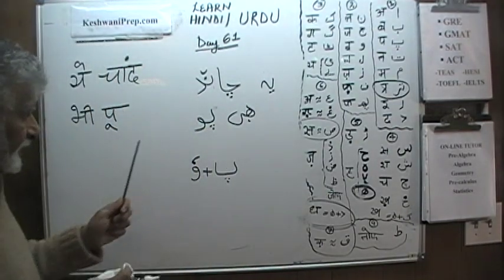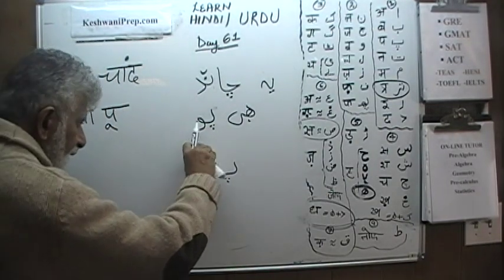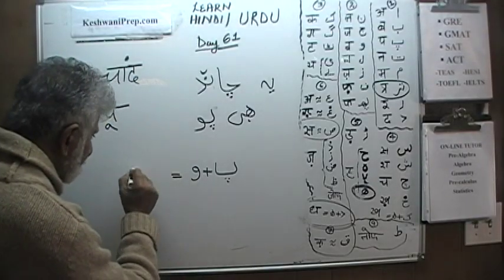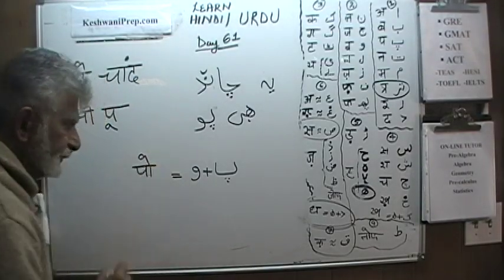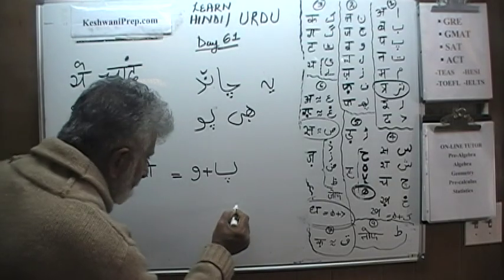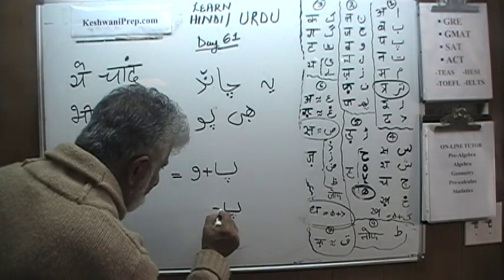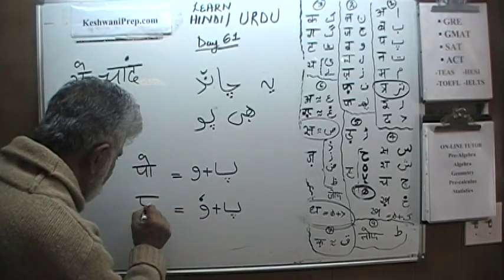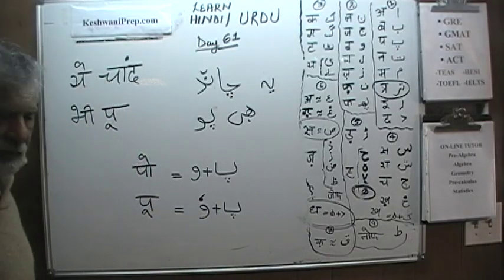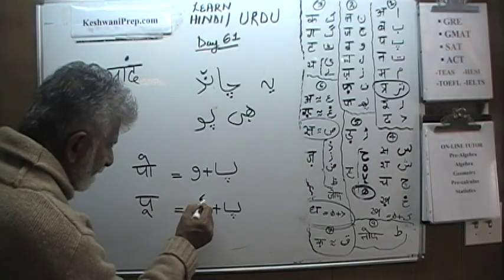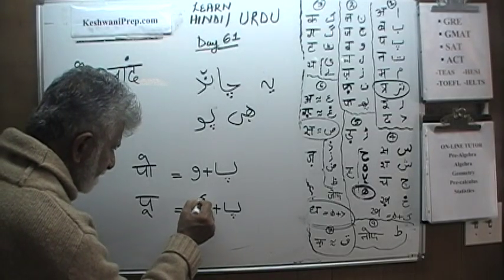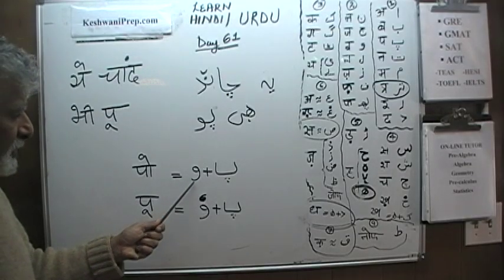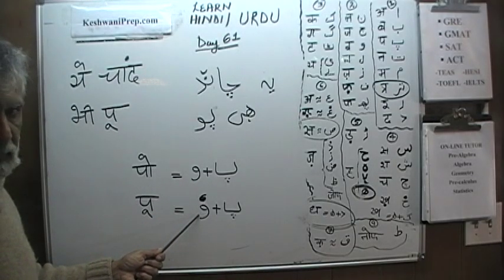If you were to stop right there, if you don't have the ulta pesh, that says po. That's an o ki matra. If you write the same thing, but you put an ulta pesh on it, now it becomes a pu, badi u ki matra. That symbol right there is very important. This is what changes the role of this vowel from an o ki matra to a u ki matra.